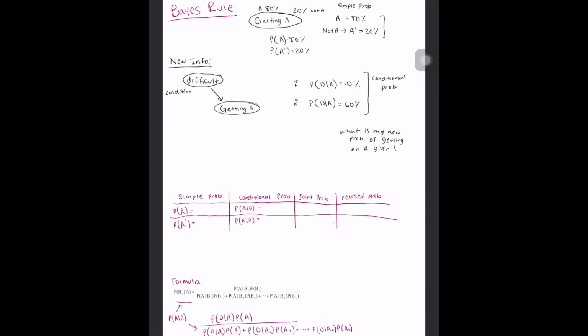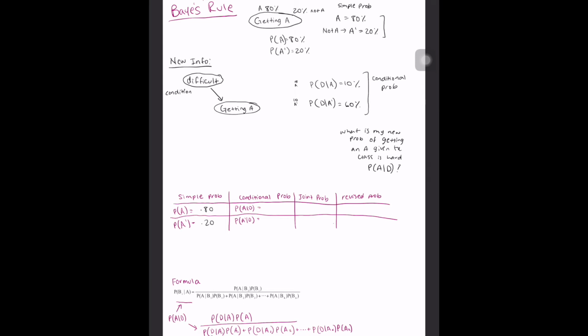So now, with this new information, you can ask, what is my new probability of getting an A given the class is hard? So this looks like probability of A given difficult. Now we can fill in the information we have. Probability of getting an A is 0.8. Probability of not A is 0.2.